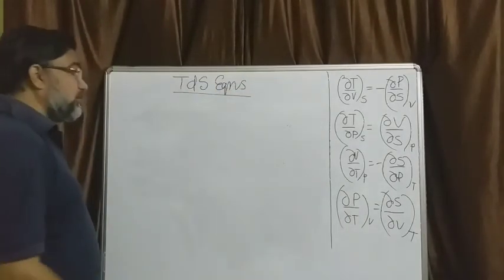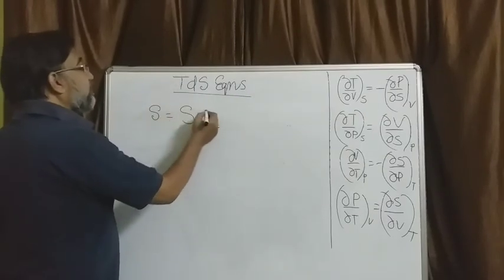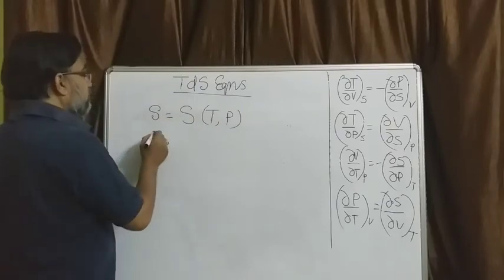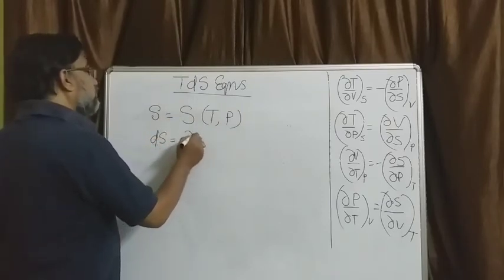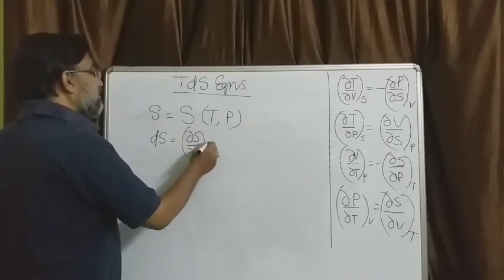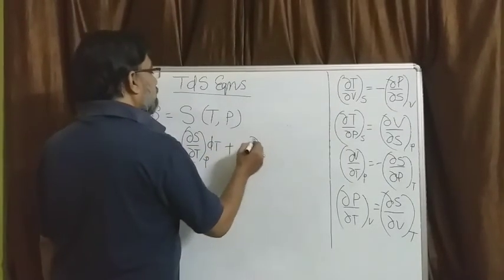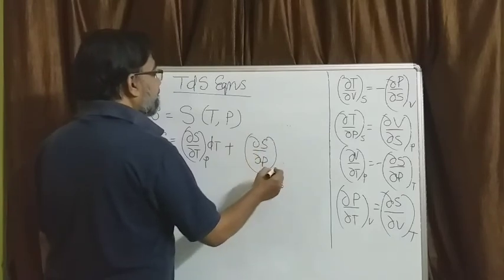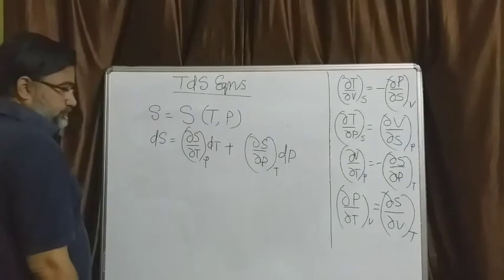First TDS equation over. Second TDS equation starts by assuming S as a function of T and P. Right? So ds will be equal to del S del T P dt plus del S del P T dP, right?